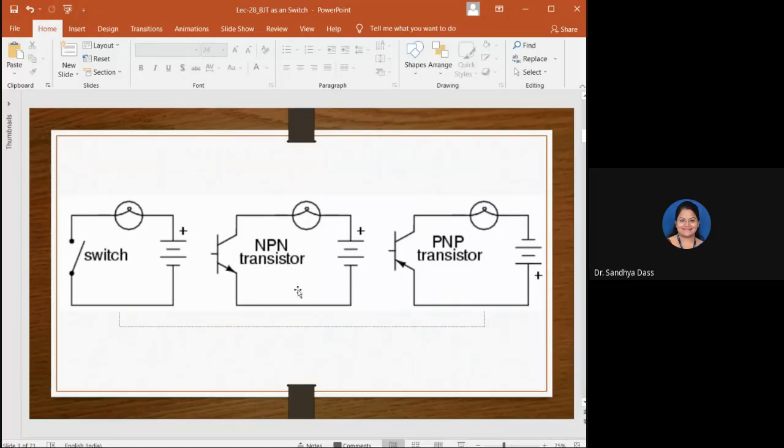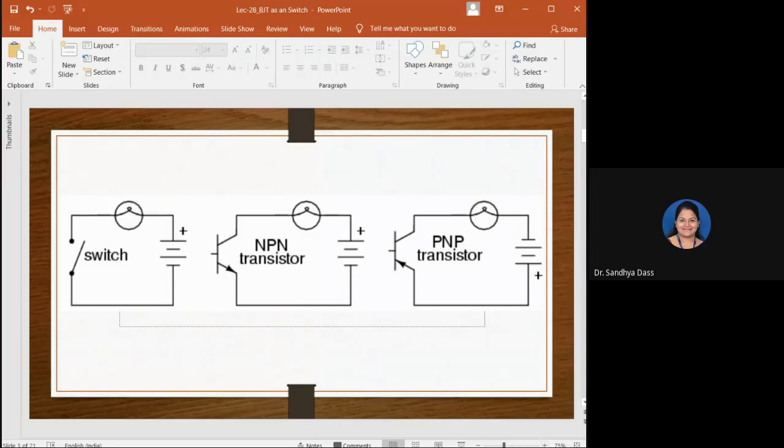If you recall, whenever BJTs are used for amplification, they generally operate in the active region, also called the linear region. Now, if I want full current to flow through the BJT, or no current flowing through the BJT, taking these two options, the BJT can be made to operate either in the cutoff region or the saturation region.